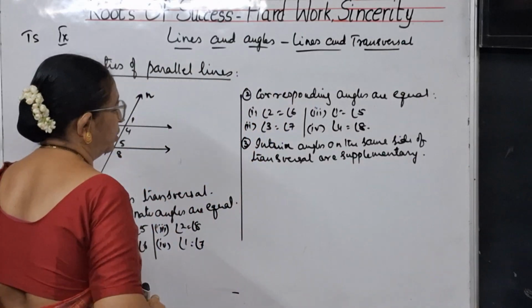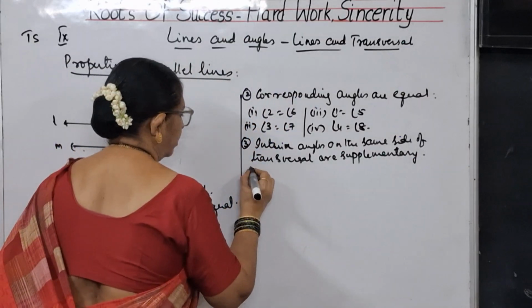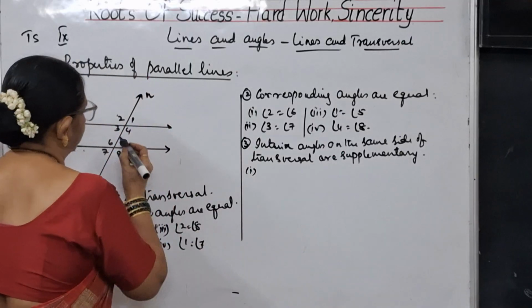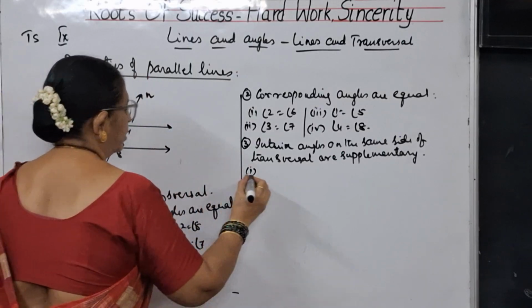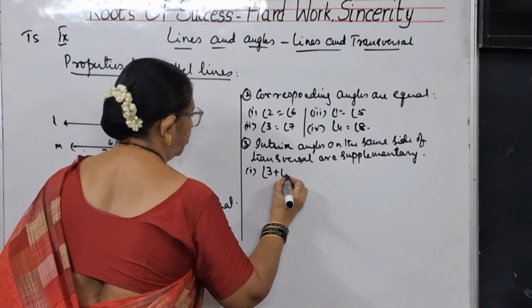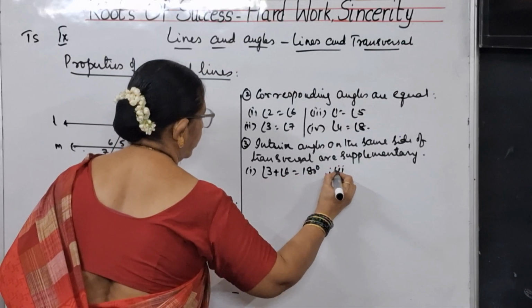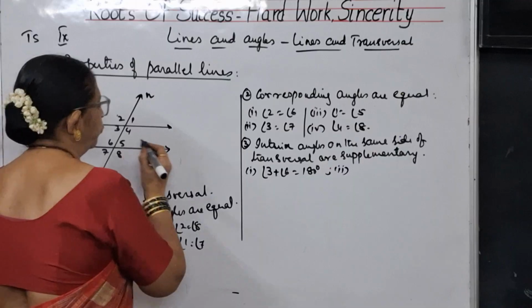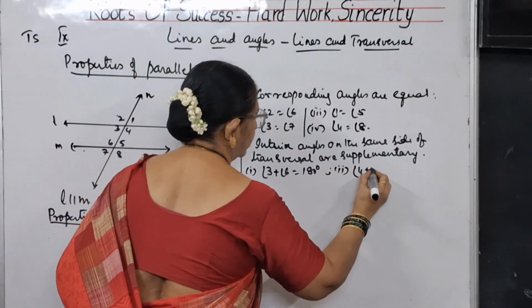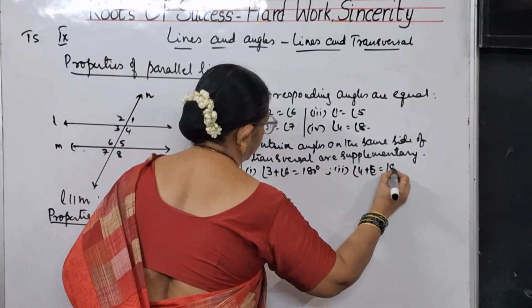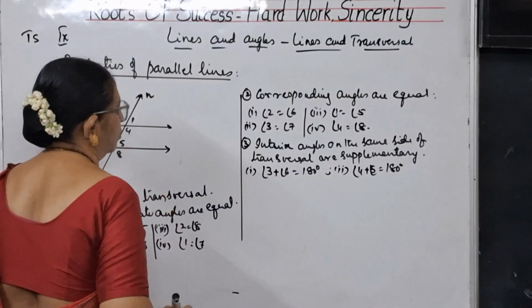That the sum is equal to 180 degrees. So what are interior angles on the same side? Angle 3 and angle 6. Angle 3 plus angle 6 is 180 degrees, and the second one, angle 4 plus angle 5 is equal to 180 degrees. This is the meaning of it.